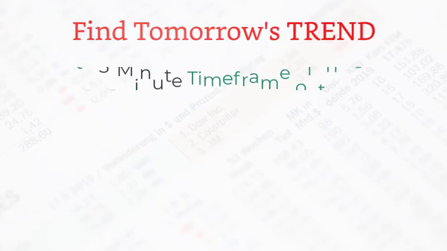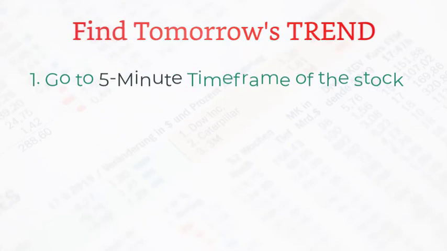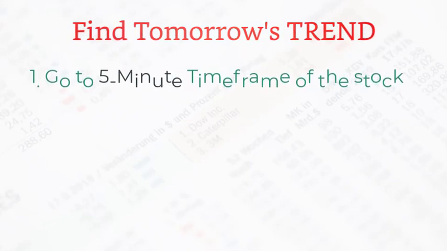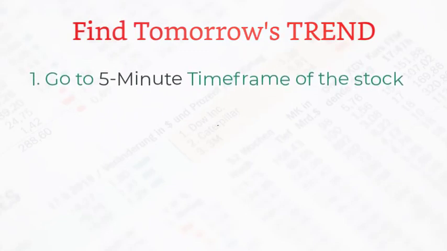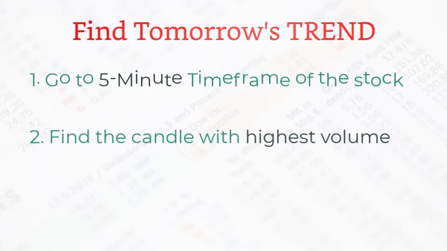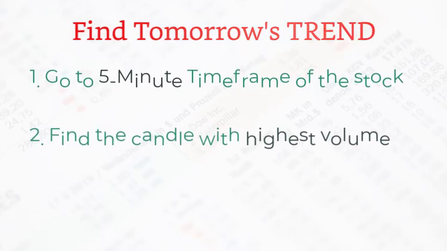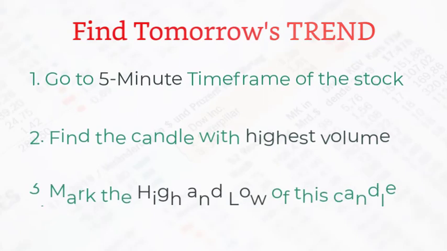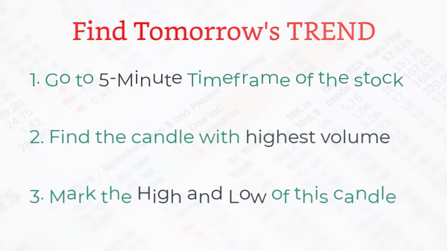All you have to do is go to the 5-minute time frame of the stock from your list. In that, find the candle that had the highest traded volume on the day. Now, mark the high and low of this candle.